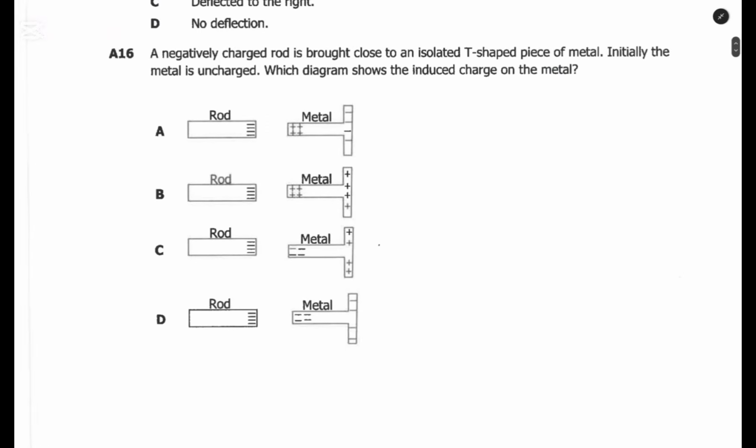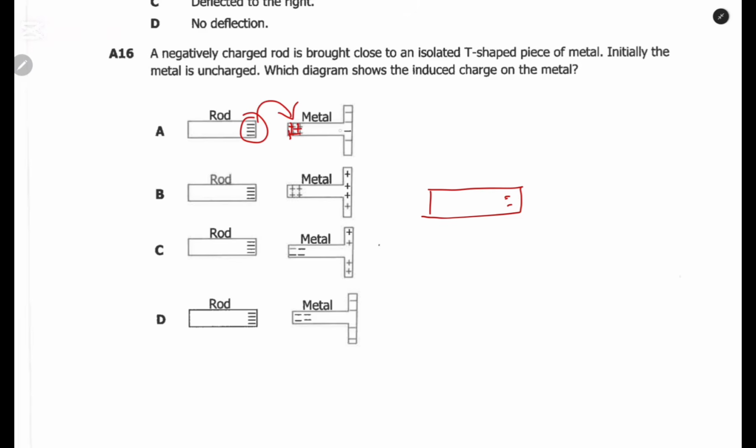Then question 16. A negatively charged rod is brought closer to an isolated T-shaped piece of metal. Initially, the metal is uncharged. Which diagram shows the induced charge on the metal? Always know that the induced charge should be opposite to the charge. Here we have the negatively charged rod, so it will induce the opposite one, which is positive.